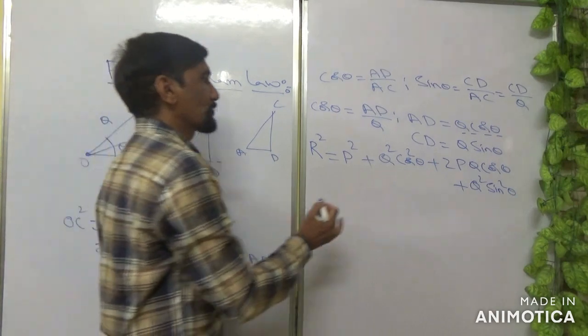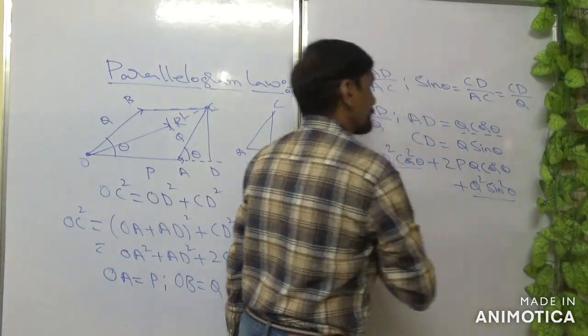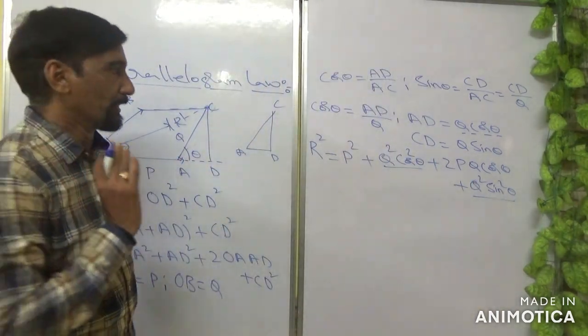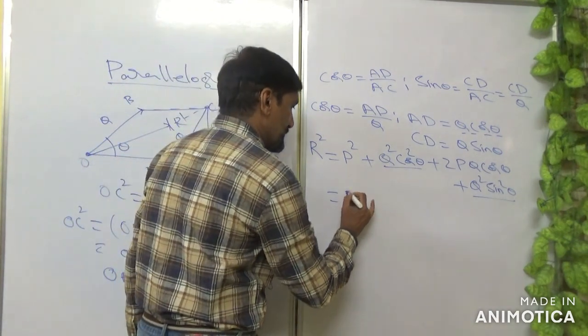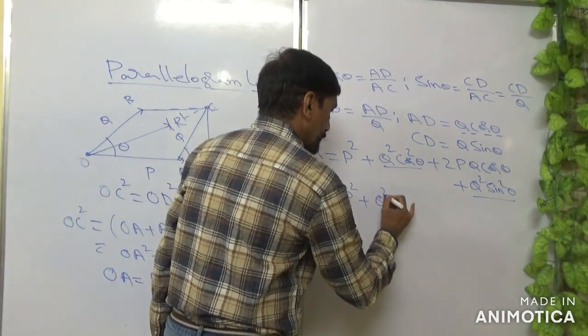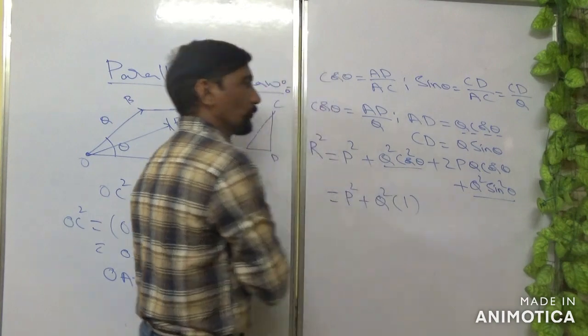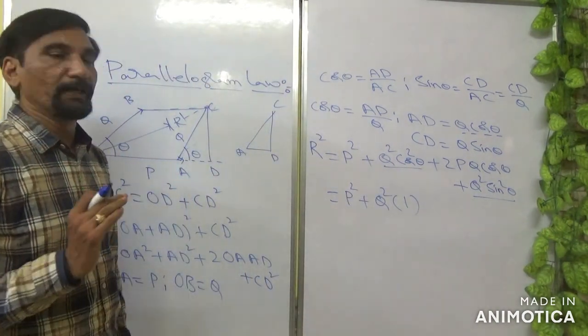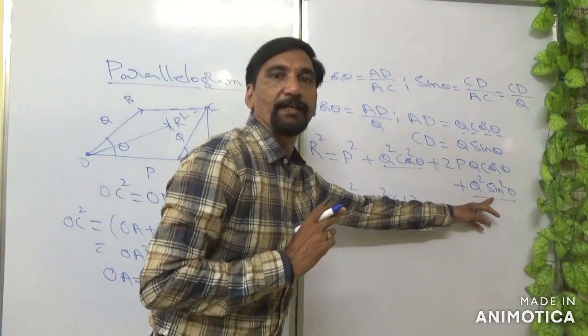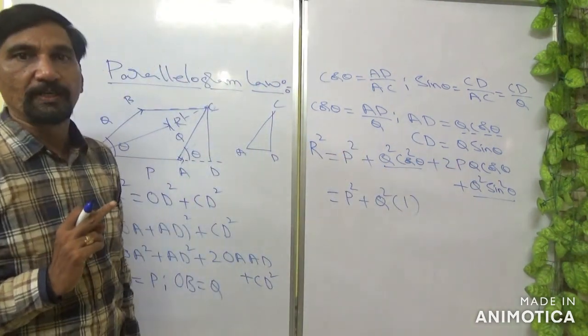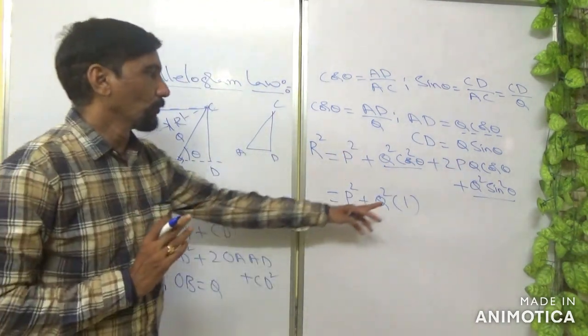In these two, Q square is common, so you can take P square plus Q square of 1. Why? Because of the trigonometric identity: sin square theta plus cos square theta is always equal to 1.